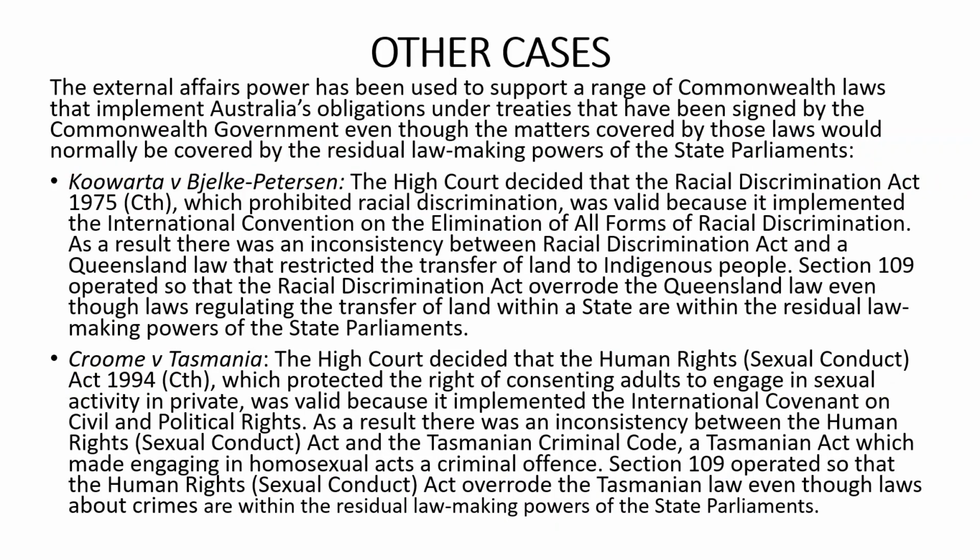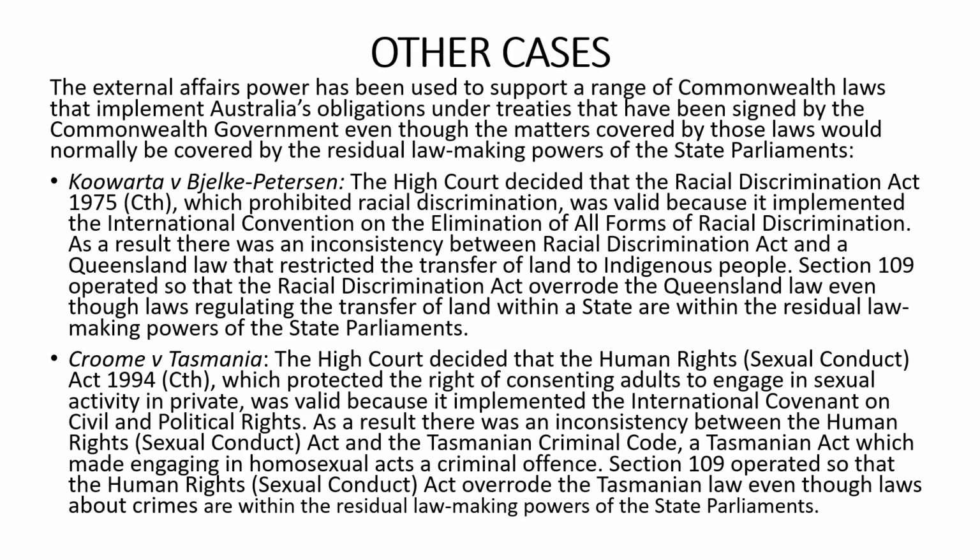The increase in the Commonwealth Parliament's lawmaking power as a result of the High Court's broad interpretation of the external affairs power has been underpinned by an increase in the number of international treaties that are being signed by the Commonwealth Government, and therefore an increase in the number of matters that are considered to be external affairs and about which the Commonwealth Parliament can make a law under Section 51(29) of the Constitution.